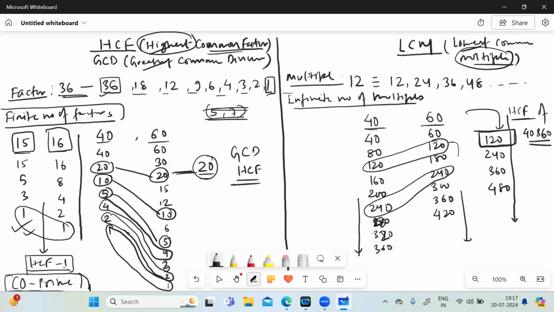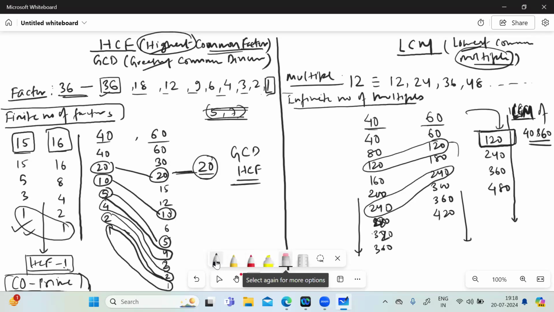So now everyone must have understood the concept of HCF and LCM. So the smallest common multiple will be called the LCM of 40 and 60. So did everyone get that? Yes, sir. Okay, very good.